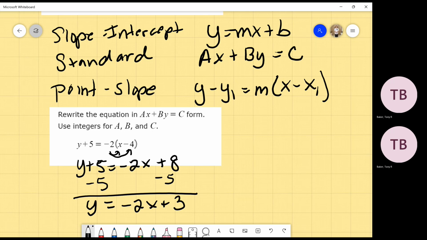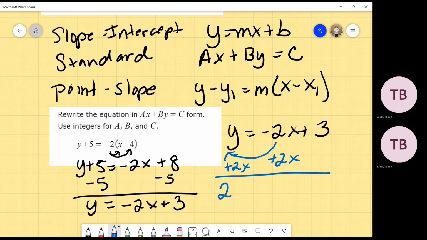So this is now in what form? This is in slope-intercept form. We wanted it in standard form. So I need to move the 2x over to the other side now. So I now have y equals -2x plus 3. I need to move this 2x over to the side. So we're going to add 2x to both sides.